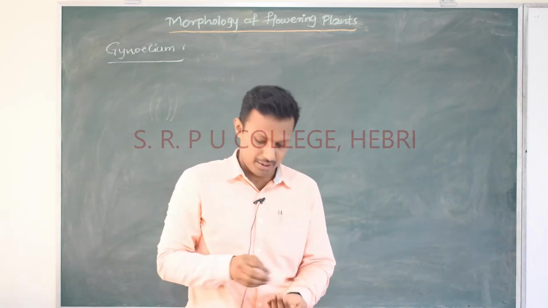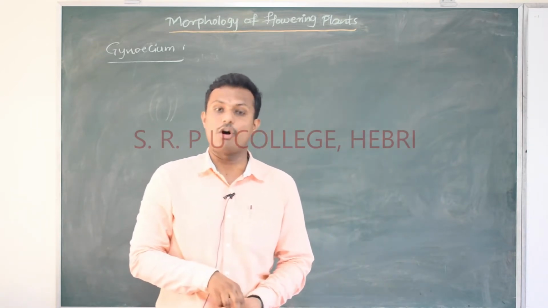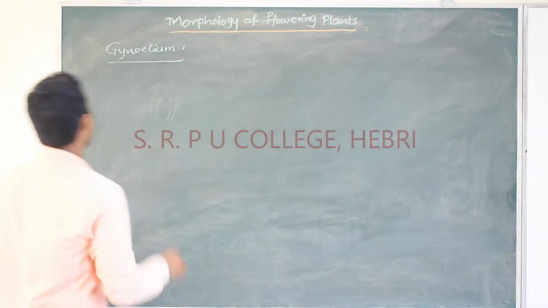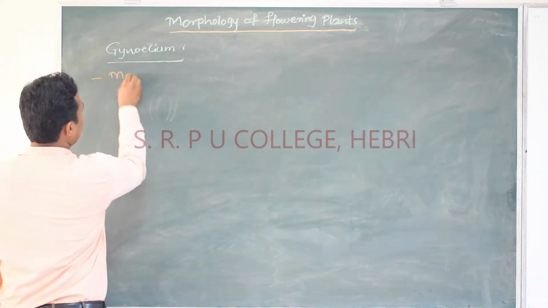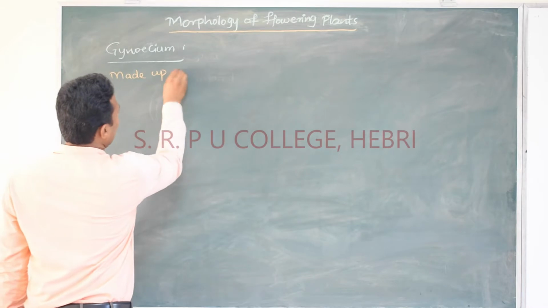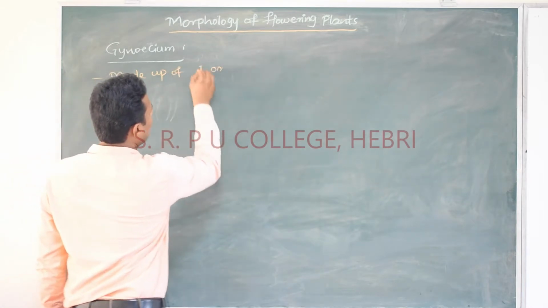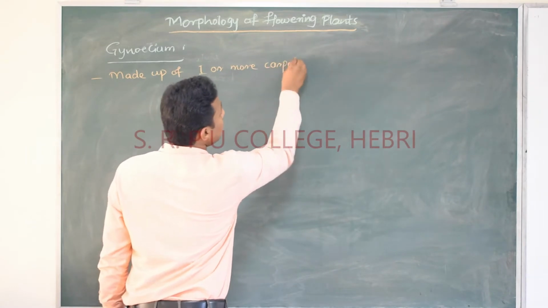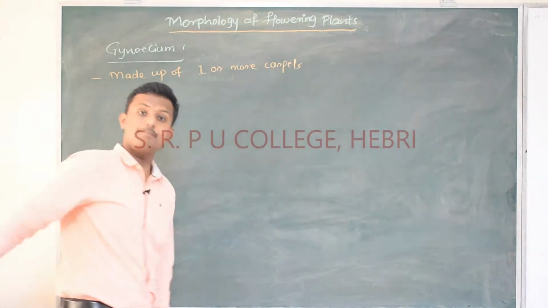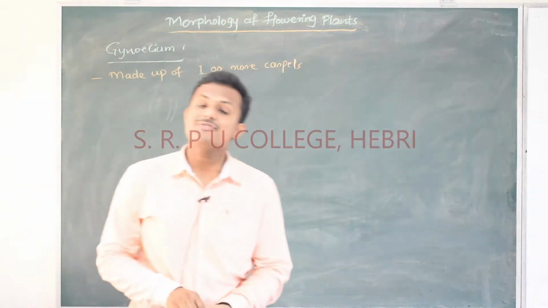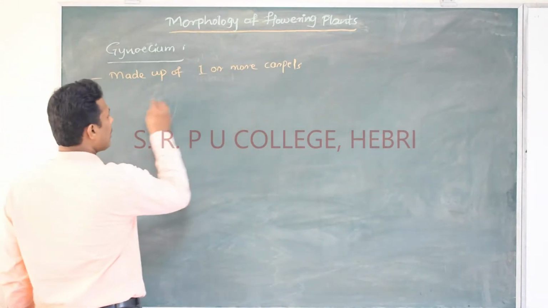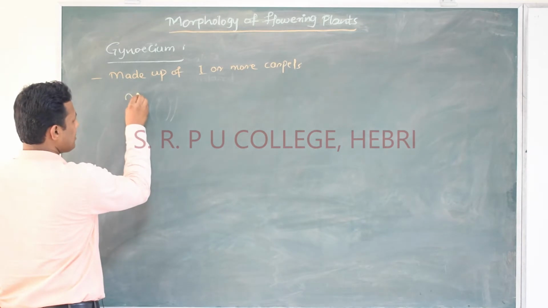And this gynoecium comprises one or more carpels. So here carpel means what? See, you have seen the structure of the gynoecium, right? So it will be consisting of three different parts.